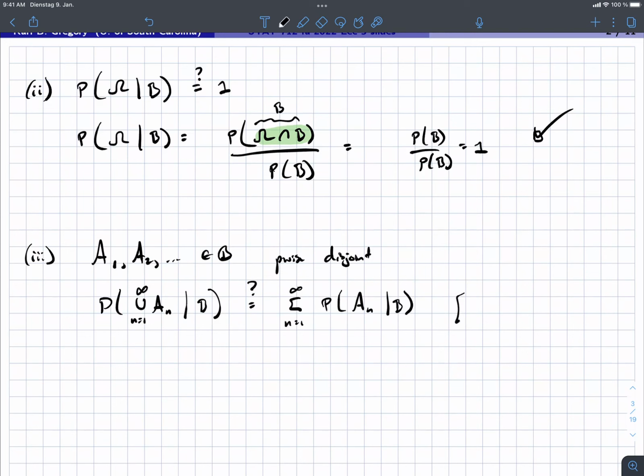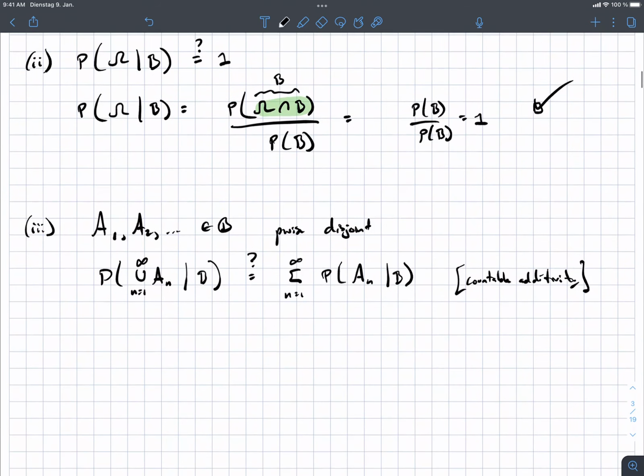So remember, this property is called countable additivity. Is that property satisfied? Does this conditional probability function satisfy this?